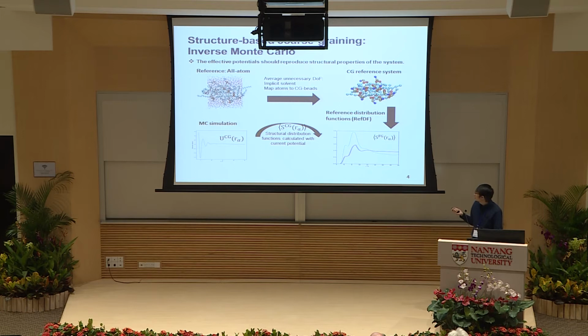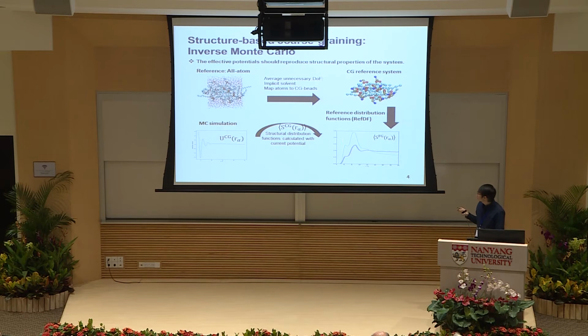Then you will have a simulated structural feature of your system, represented by the green curve here. Of course, it's different from the structure you want, which is represented by your reference system.